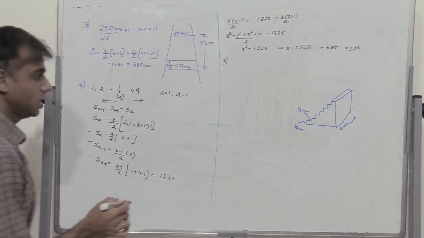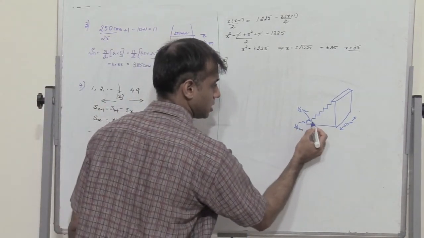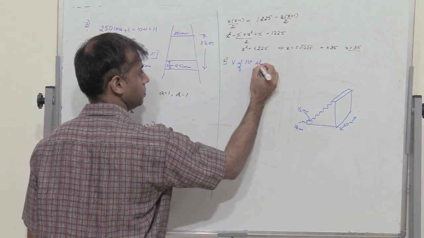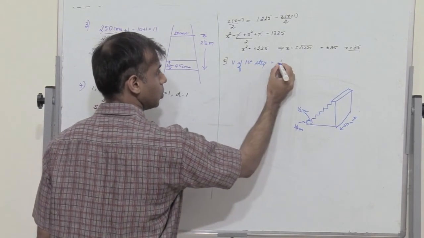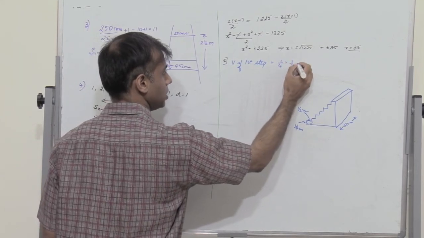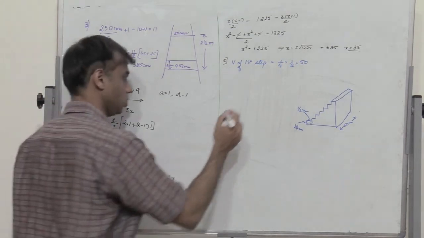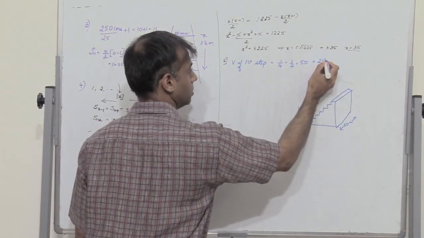So the volume of the first step is equal to 1 by 4 into 1 by 2 into 50, which gives me a value of 25 by 4.